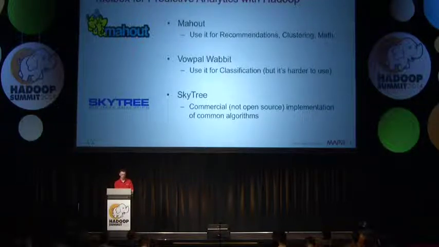And Skytree is offering a commercial, so it's not an open source implementation, but it's very fast and it's industrial strength, pretty much the same line that we position our platform ourselves. So we are working together with Skytree there in that realm as well.